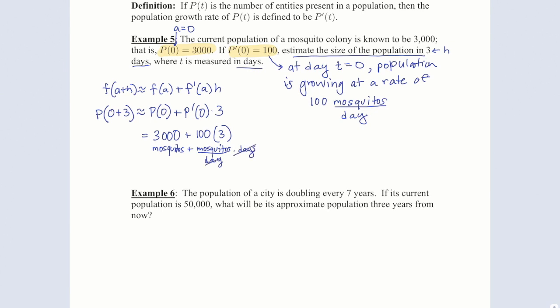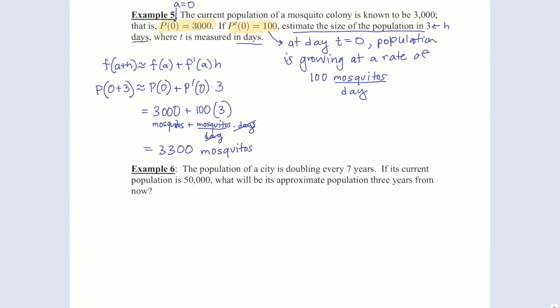So we've got 3,000 mosquitoes plus 300 mosquitoes. The labels match, and we should be able to add those values, and we'll get an approximation of, well, about 3,300 mosquitoes on day 3. Right? But you can kind of see what we're doing here with that same pattern that we are using on the first page of this section.